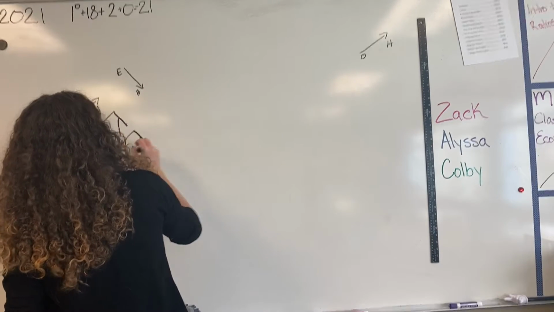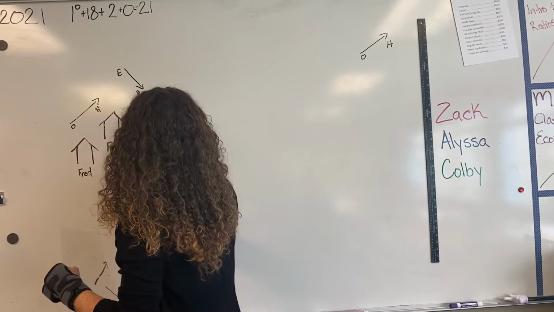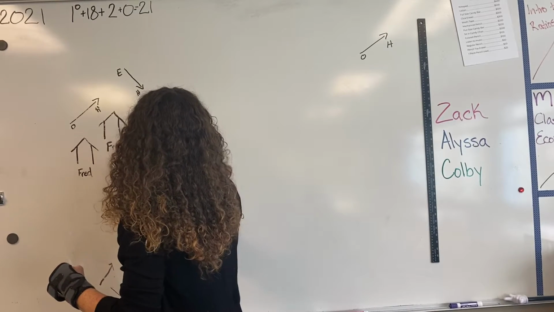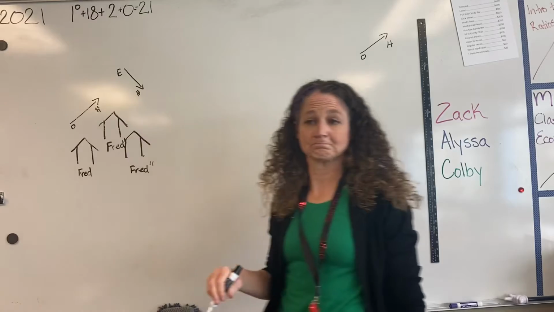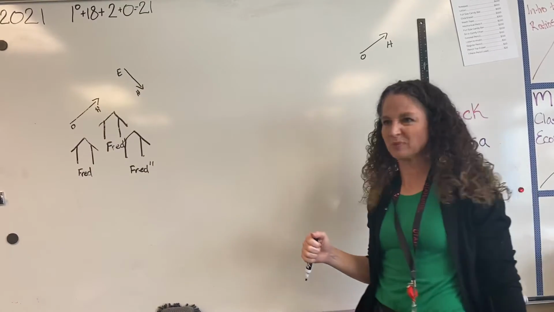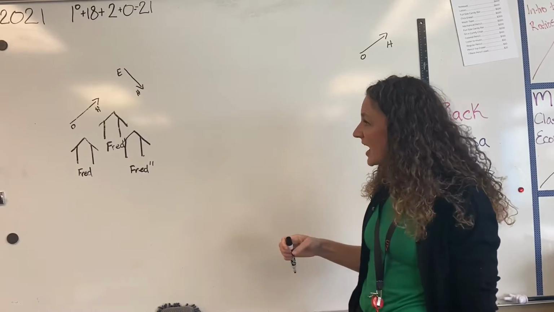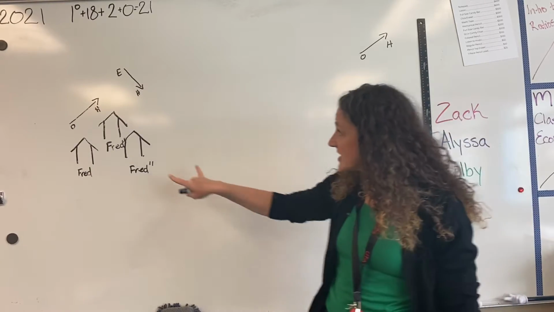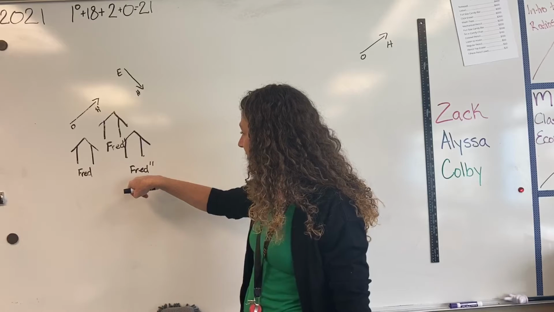So we're going to name this one Fred double prime. It's not Prime, Prime just kind of sounds dumb. So it's Fred double prime. And this is where Fred double prime ended up.